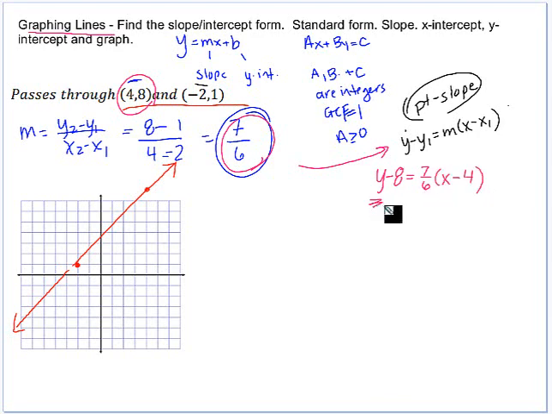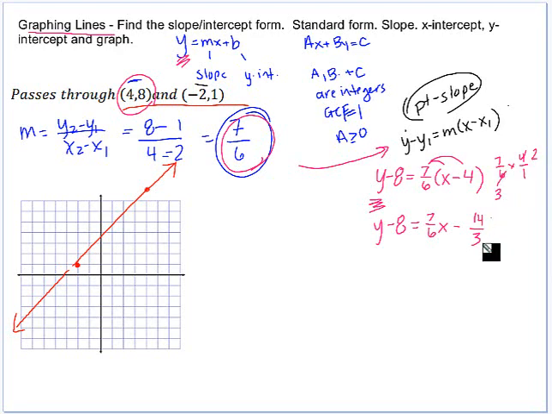So once we're here, if we get the y alone, that then is our slope-intercept form. So we'll distribute the 7/6 throughout. So y minus 8 is equal to 7/6 x minus 14 thirds, because 7/6 times 4 over 1. The 4 and the 6 could each be divided by 2, so we change it to 2 and a 3. 7 times 2 is 14, and then over 3.